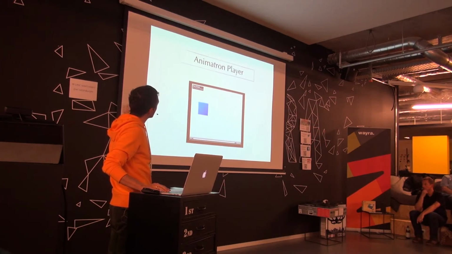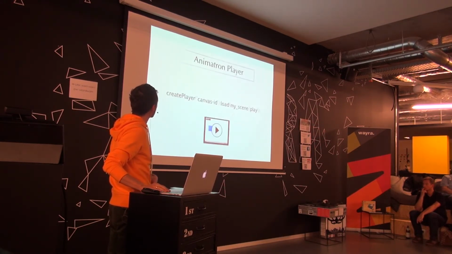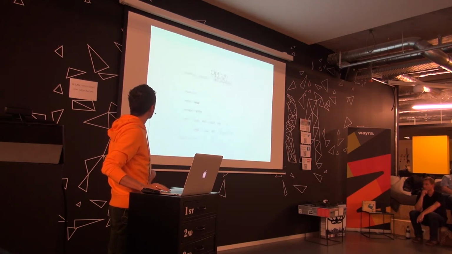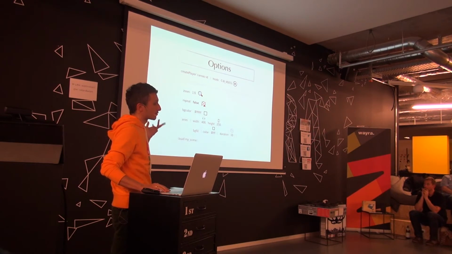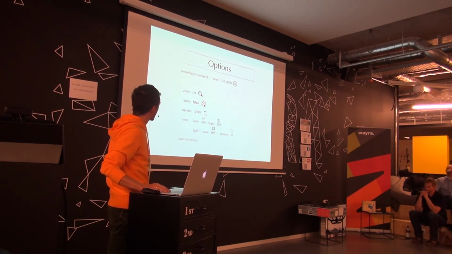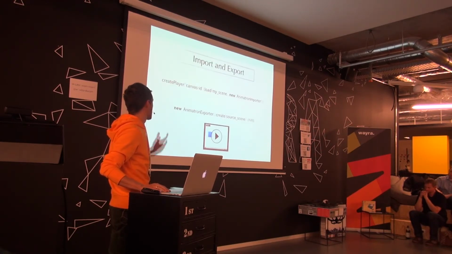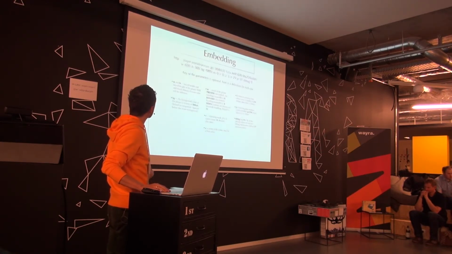So here is the player in its a bit old version. You may create it, load some scene, and ask to play from some time. You have a lot of options, like different modes for the player, including debug mode. You may change zoom, repeat the scene or not, change background, width, height, and all that stuff. And you have custom importers.